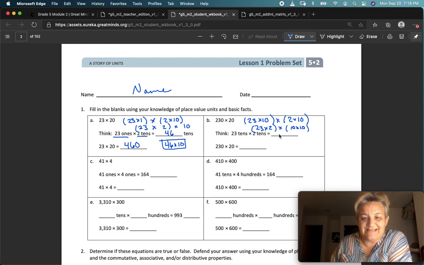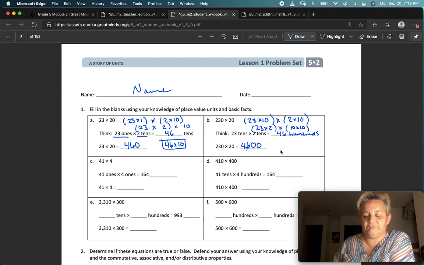So my answer is not going to be in tens anymore. It's going to be in hundreds because 10 times 10 is 100. So 23 times 2 is 46 hundreds, because I moved those tens over. Hundreds is 2 more zeros. Now I've got my answer, 4,600.